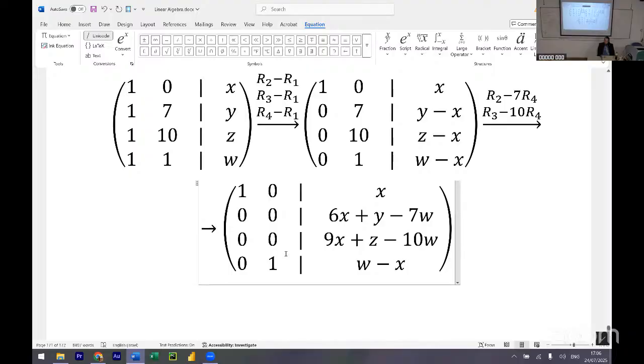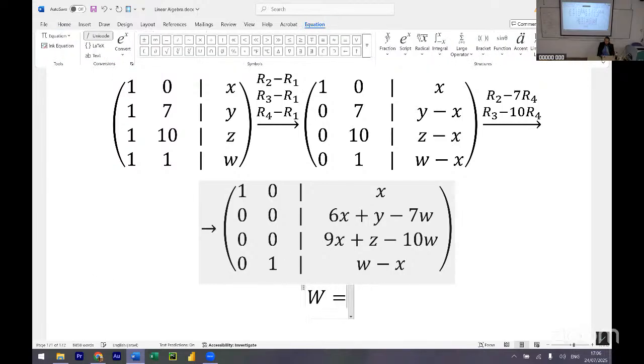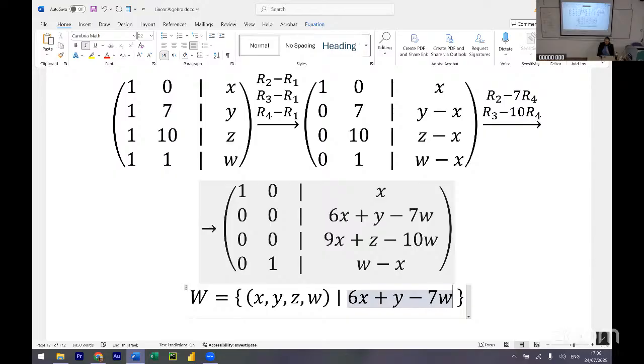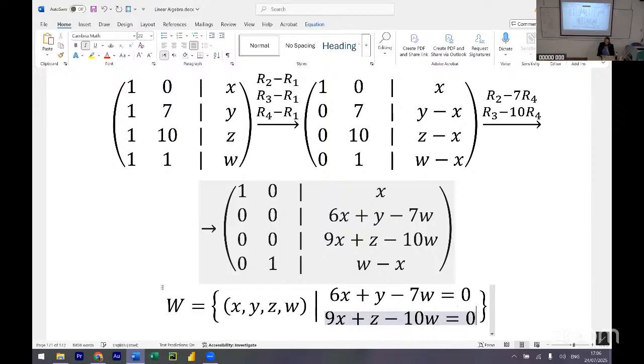So we figure out, and here I'm skipping the reordering of the rows, we found that W is all of the vectors x, y, z, and w such that 6x plus y minus 7w equals 0, and also 9x plus z minus 10w equals 0.